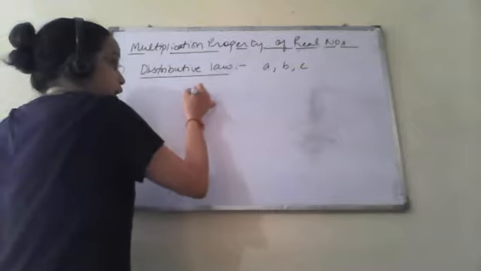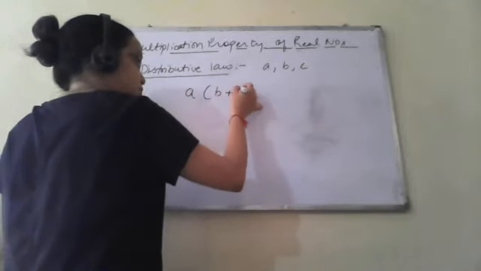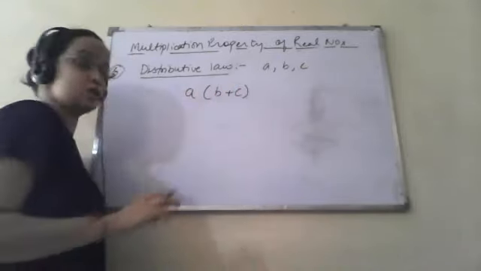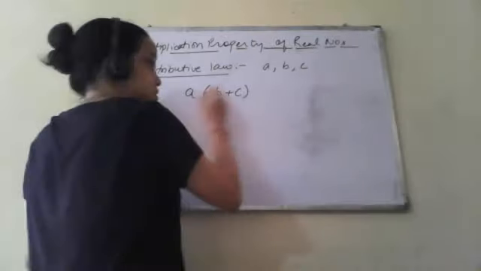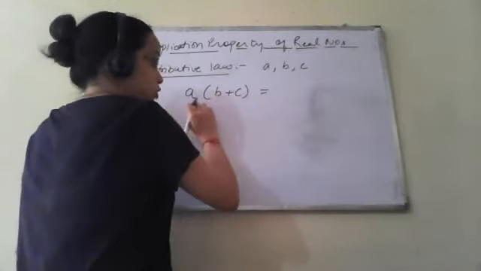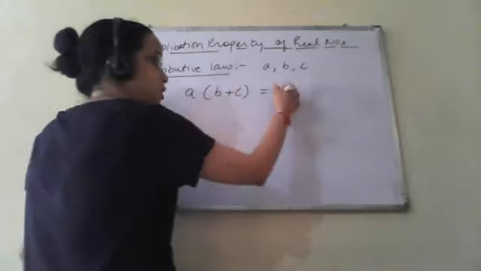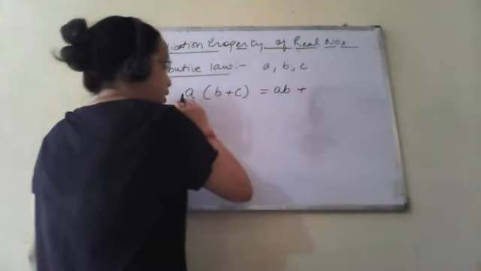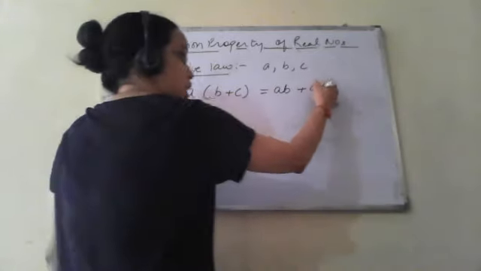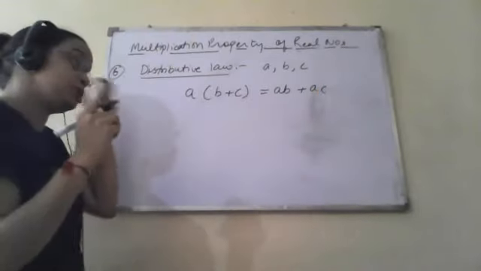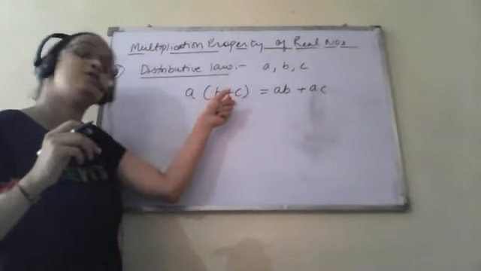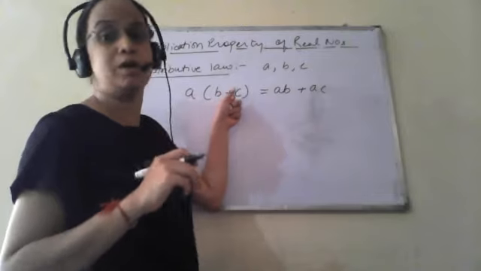A, B and C are three real numbers, and here there is no sign, so we assume that it is a sign of multiplication. First we multiply A with B, then we multiply A with C, and we add them. What this means is that multiplication is being distributed over addition.